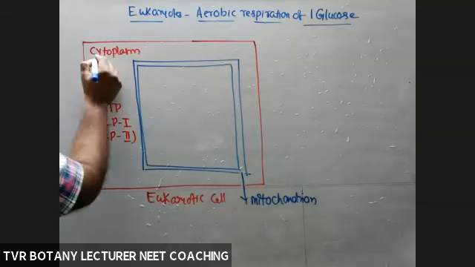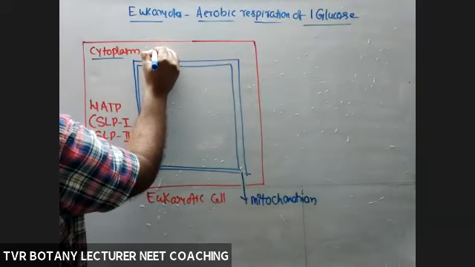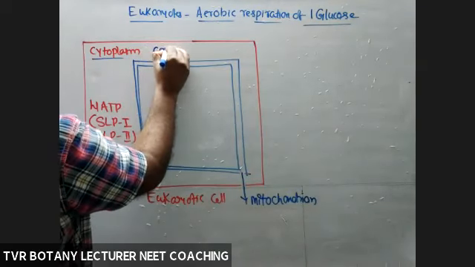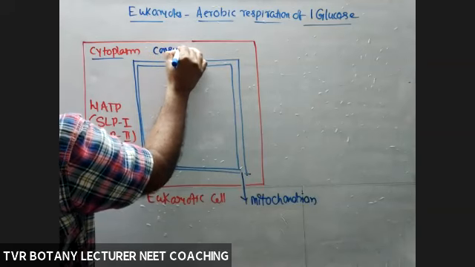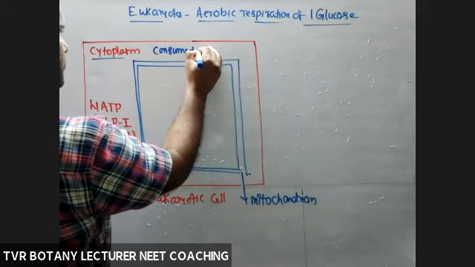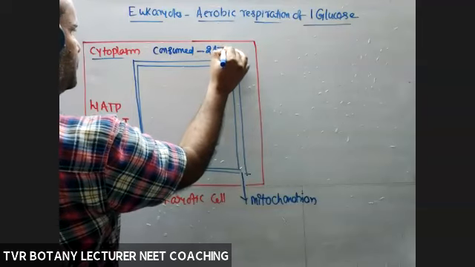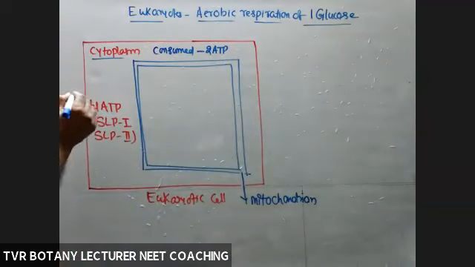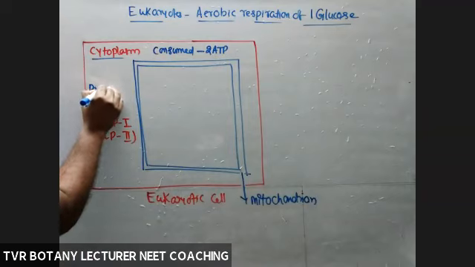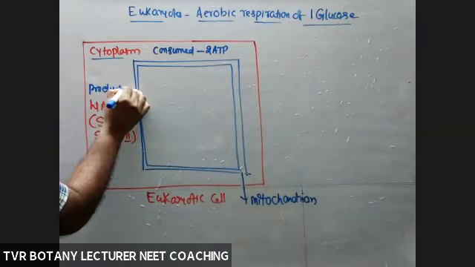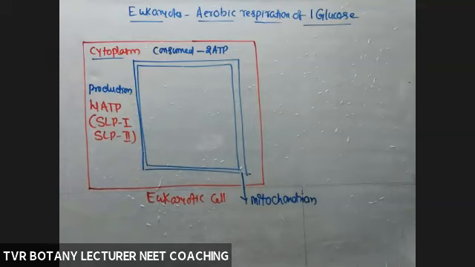And one more thing, how many ATP are consumed within the cytoplasm only? Minus 2 ATP molecules. Minus means consumed. This is production of ATP. Okay, so 4 ATP molecules.